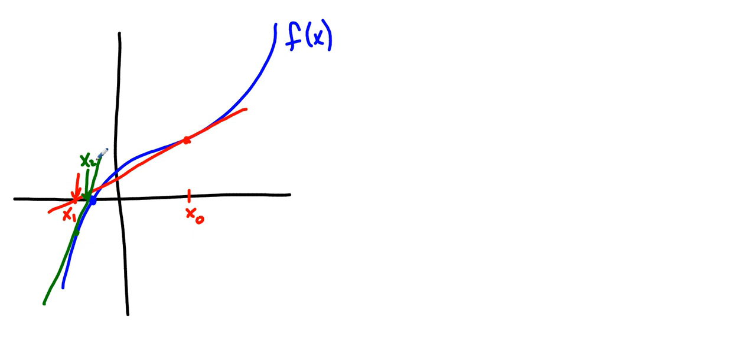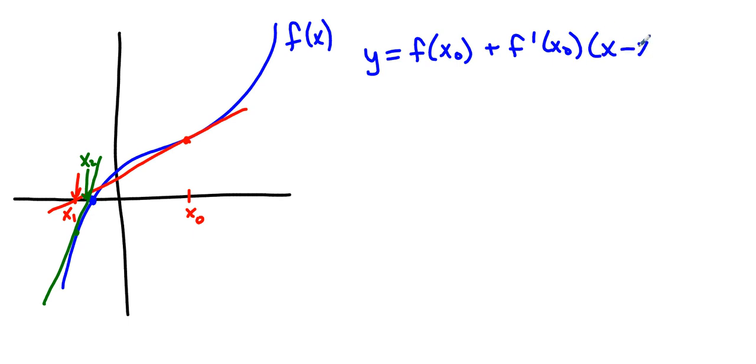So this goes back to the idea of linearizations. In linearizations, you have f of a plus f prime of a times x minus a. In this case, that's our a value. That's the place we begin. But we don't just want a linearization.